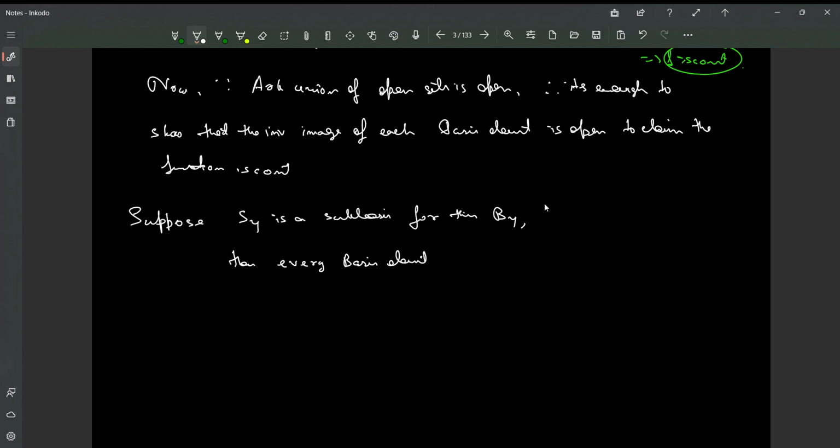Then every basis element B from B_Y is a finite intersection of elements from S_Y, right?